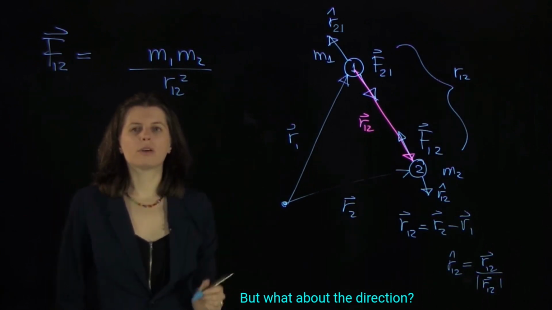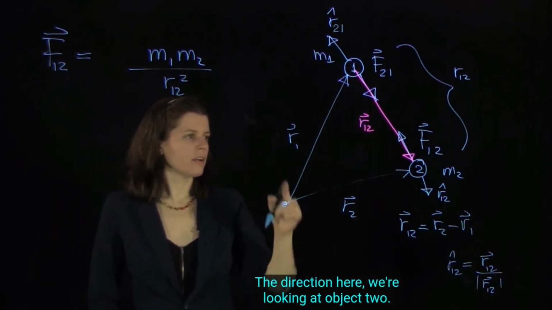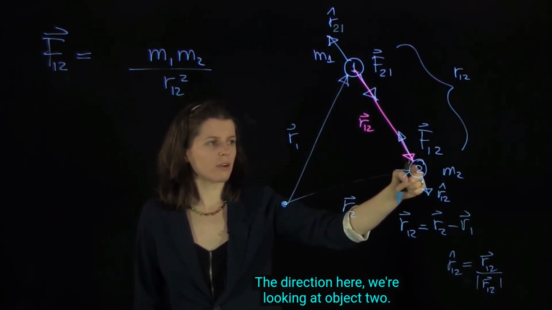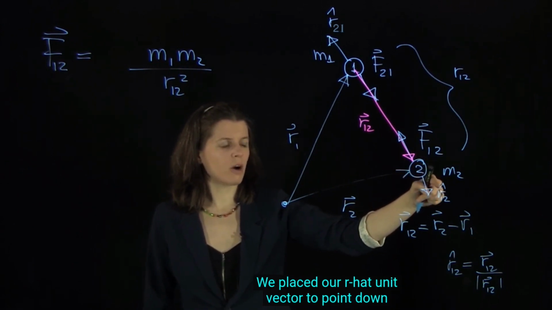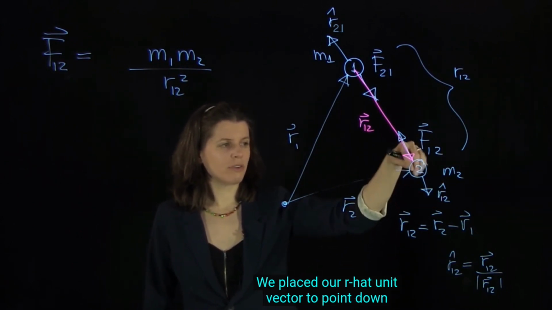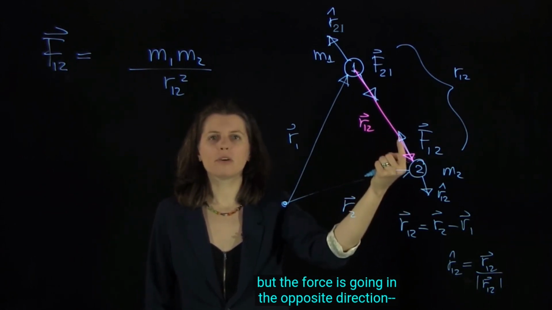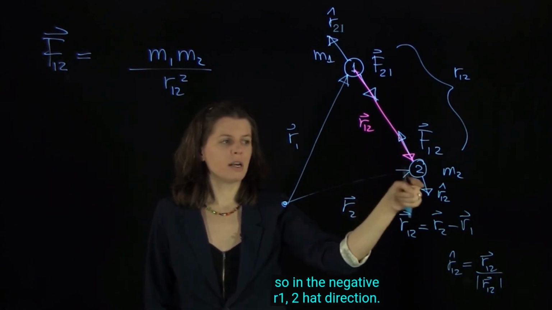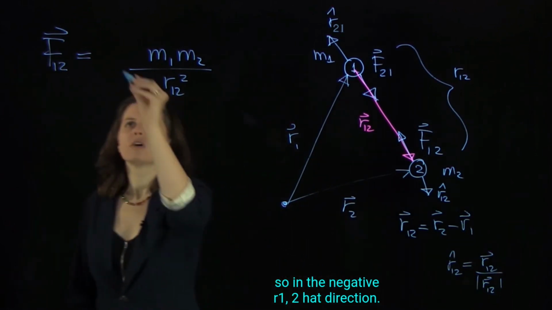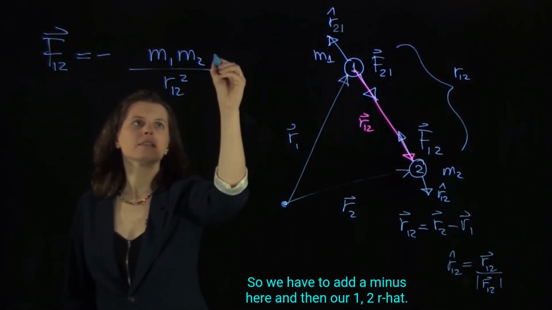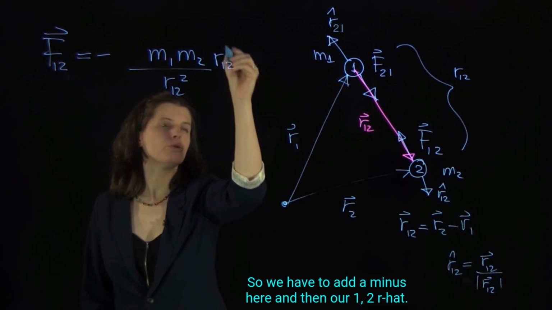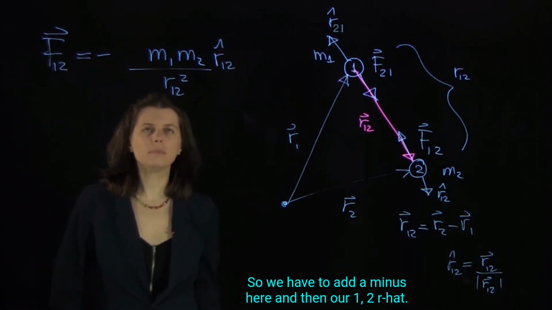But what about the direction? We placed our r-hat unit vector to point down, but the force is going in the opposite direction, so in the negative r12 hat direction. So we have to add a minus here and then r12 hat.